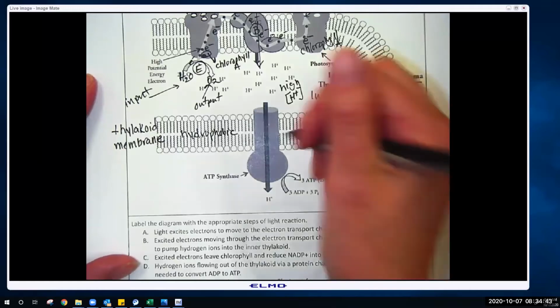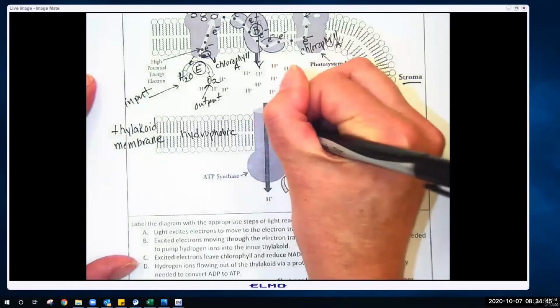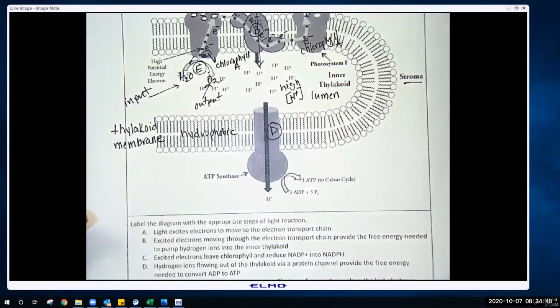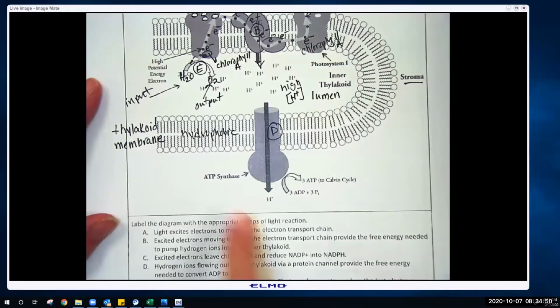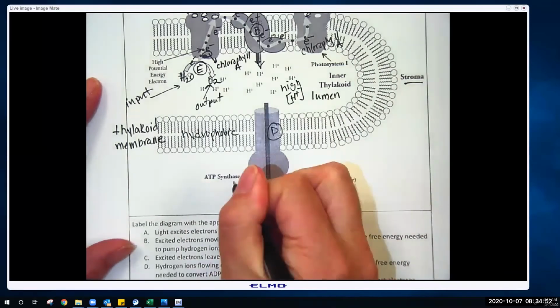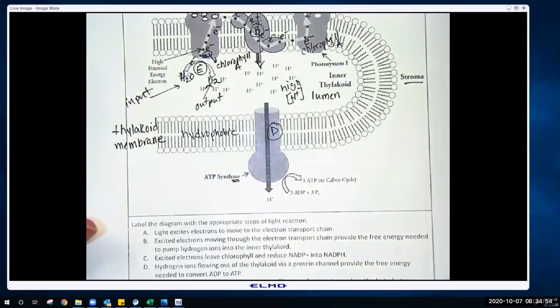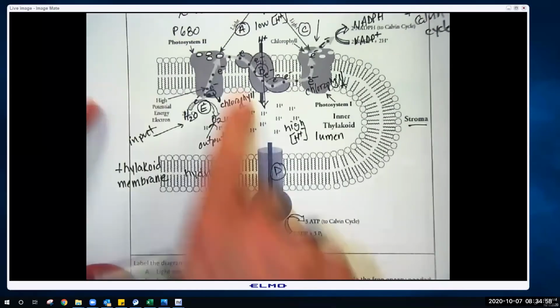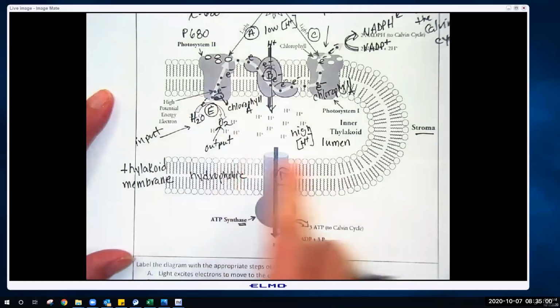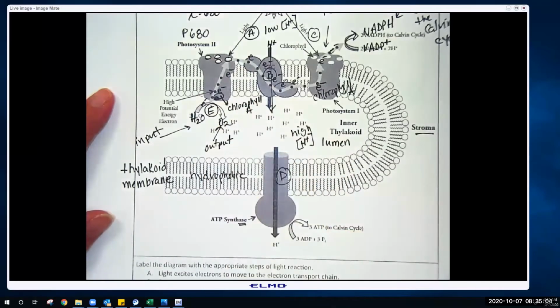What we need to talk about right here is D. This is ATP synthase. I know it's an enzyme because it ends in ASE. The movement of electrons created this high concentration of protons in the lumen, or the inner thylakoid space.